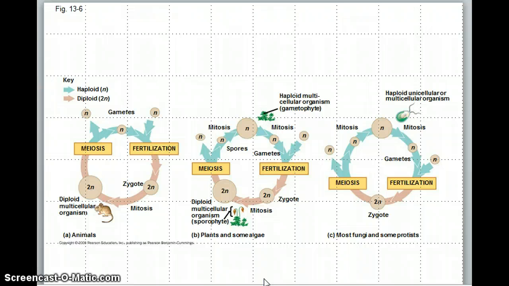Notice the amount of time that is spent at the gamete stage varies for each one, but the common feature of all three of these cycles is the alternation of meiosis and fertilization, the key events that contribute to genetic variation among offspring. The cycles differ in timing of the two key events, but they all have that alternation.